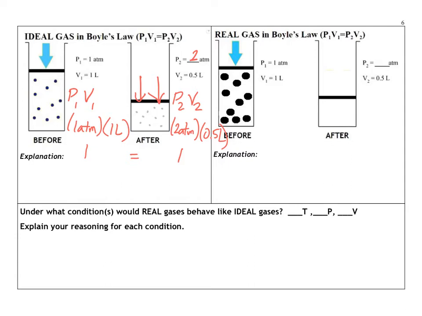So in drawing these 10 particles in the after model, we can't help but have to squeeze some of these particles together in order to fit all 10 into that 0.5 liter container.